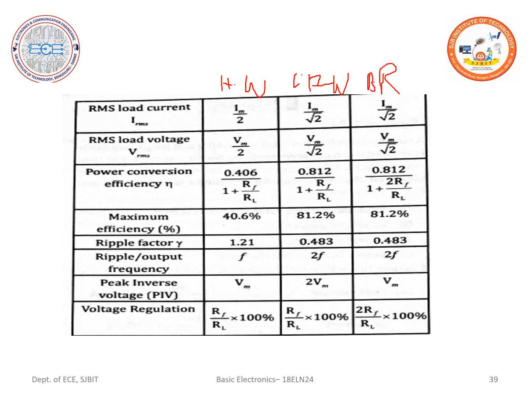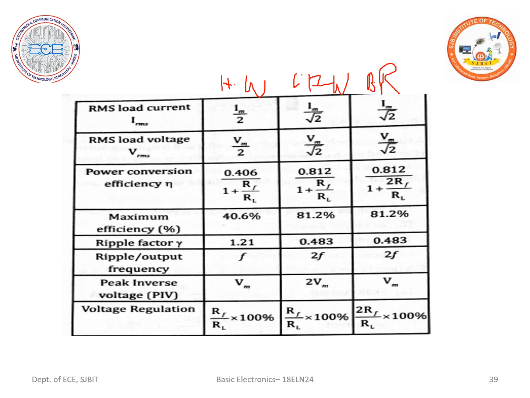So my IRMS, the RMS load current, is equal to Im by 2 for the half wave rectifier, Im by root 2 for the center tap full wave rectifier, and Im by root 2 for the bridge wave rectifier.